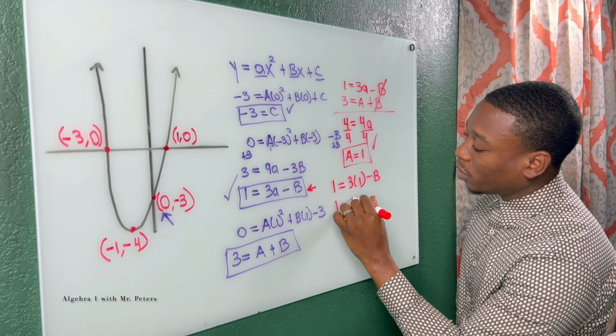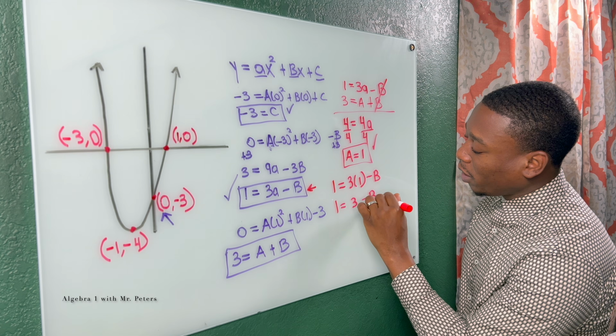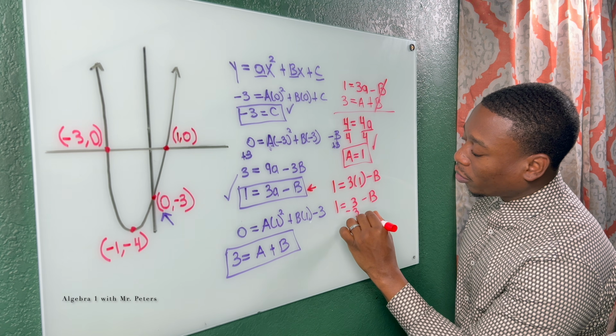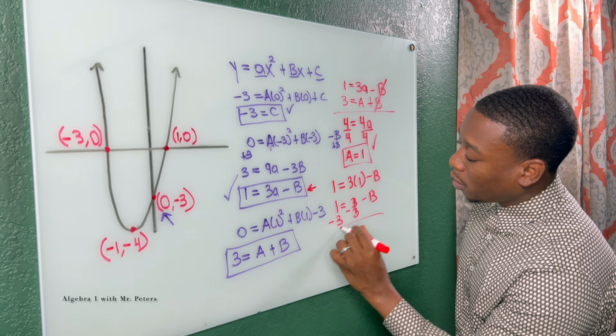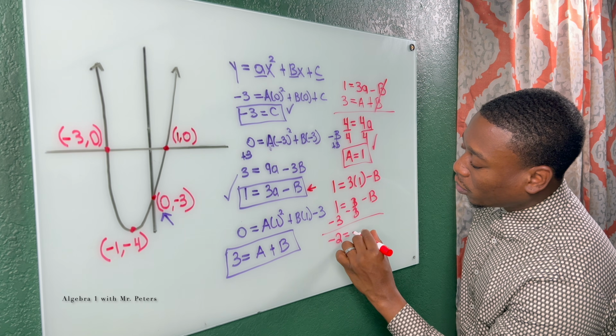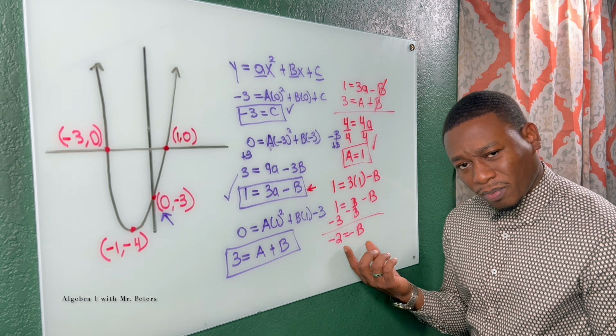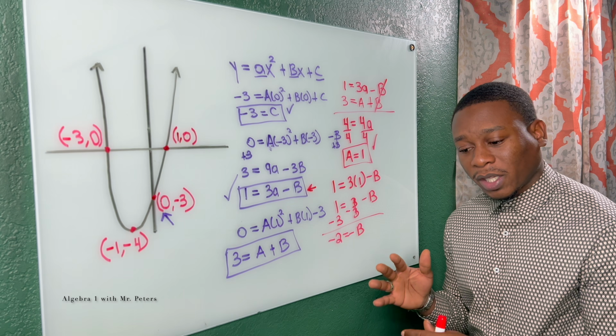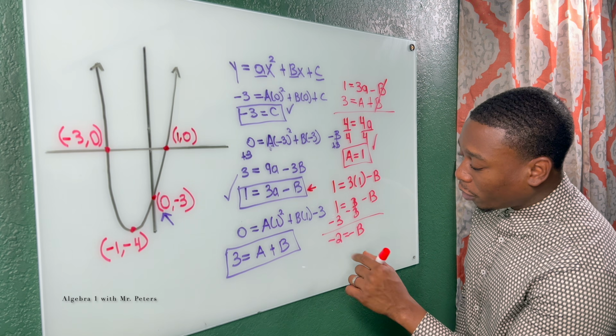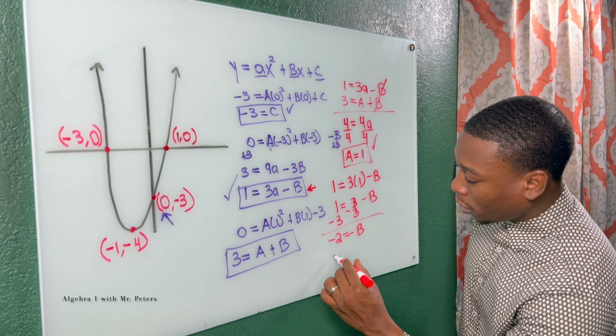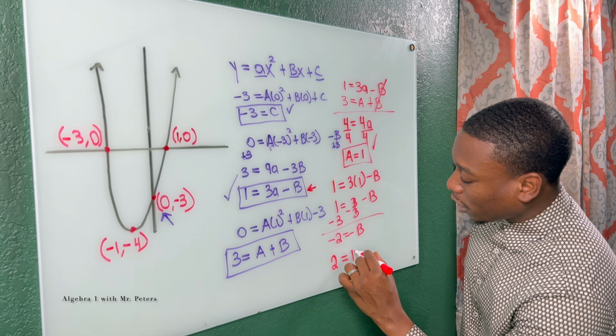So 1 is equal to 3 minus b. When I subtract 3 on both sides, I'm going to get -2 is equal to -b. Just remember, variables by themselves cannot be negative. So we divide both of these by -1. So we get 2 is equal to b.